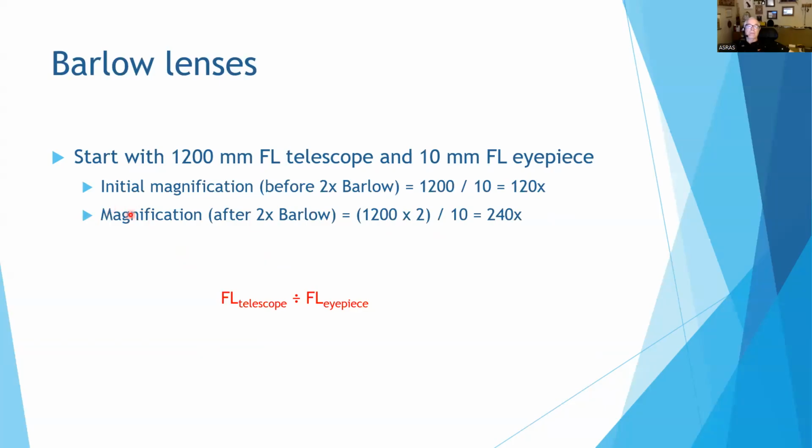If I insert a Barlow, that essentially doubles the focal length of the telescope to 2400, then my magnification goes to 240. So a 2 times Barlow doubles your magnification. A 3 times Barlow triples your magnification. I've heard there are such things as 5 times Barlows, but the only ones I've ever seen used are 2 and 3 times Barlows.